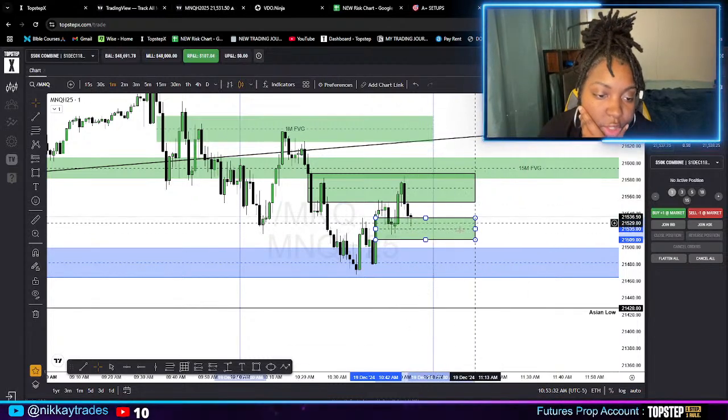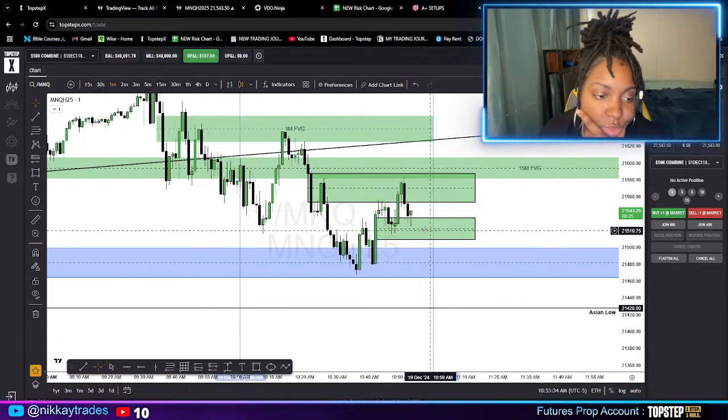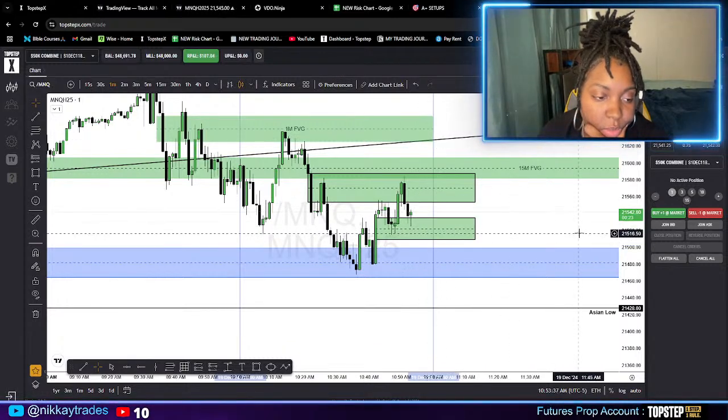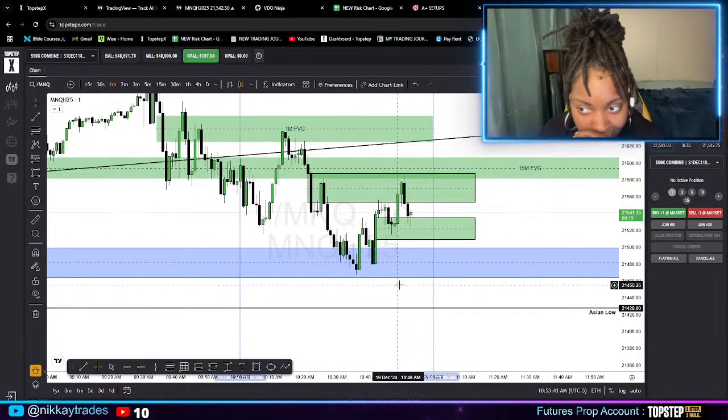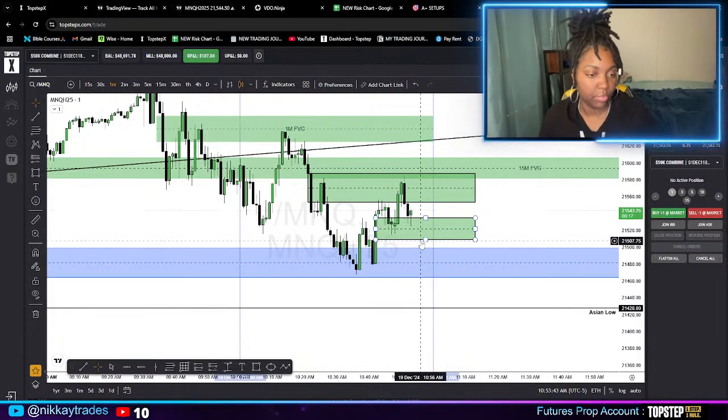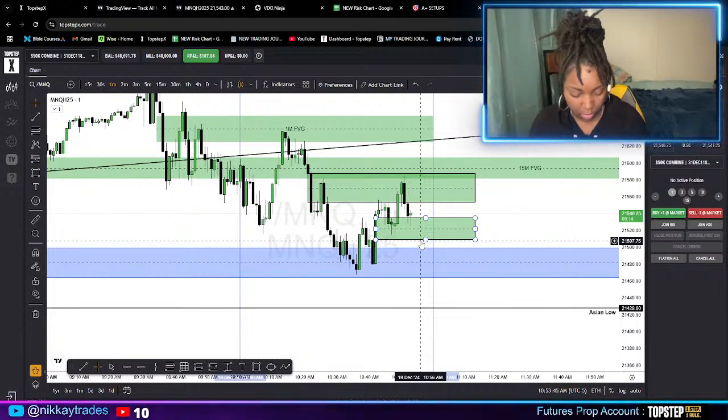I need an inversion off of this gap here, because it can still push up off of that. I need to be clear of all of this crap. I don't want to trust that.